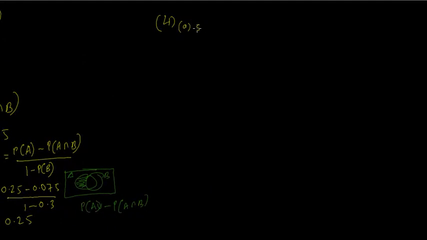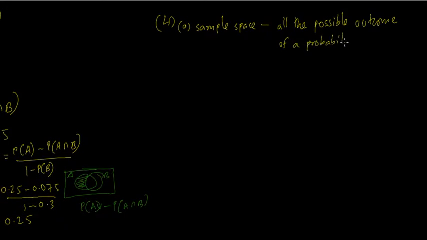A sample space is all the possible outcomes of a probability experiment. When you do a probability activity, it is called an experiment.